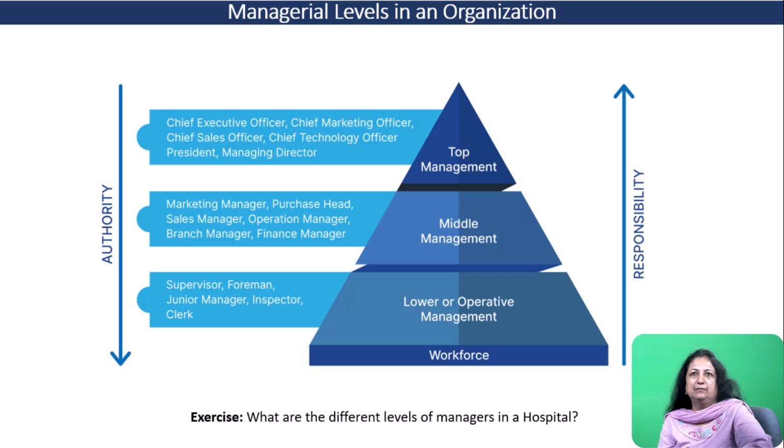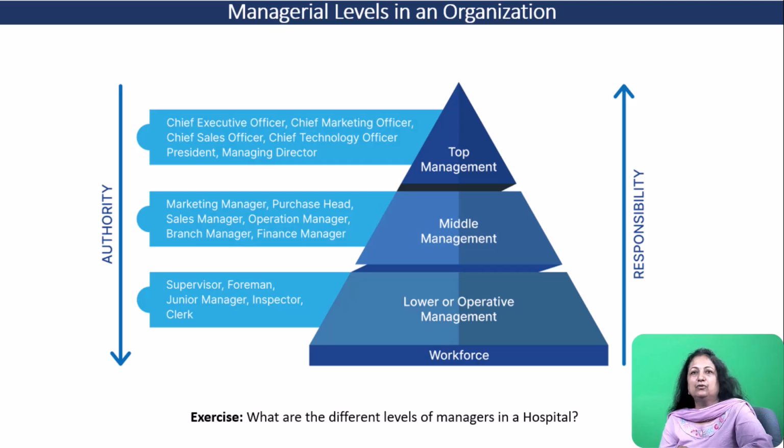Top management will have the highest decision making, and then the decision making slightly comes down. It means that you are more and more responsible as you go up the ladder, and it also becomes a lot more difficult to move up in an organization. That means there will be fewer and fewer jobs at the top level. So you have to perform very well to move up.